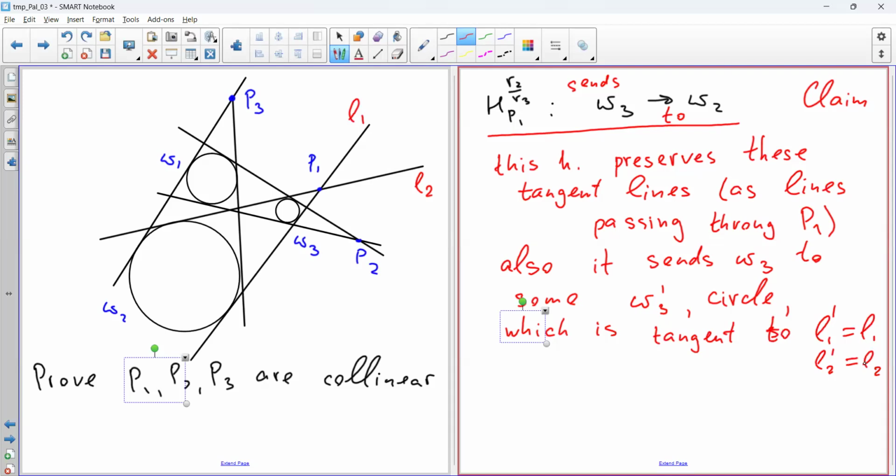So we say that homothety preserves just lines and circles. That is the primary property.